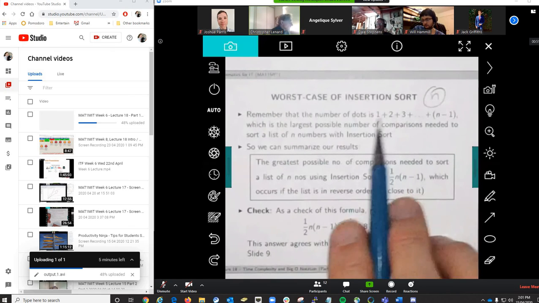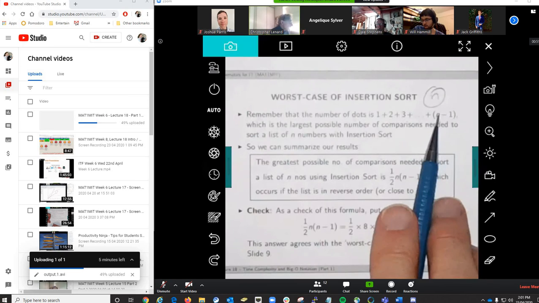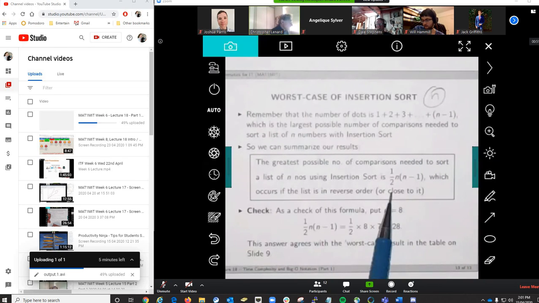The worst case is that you have to do this many comparisons, and adding that up is basically a half n squared minus a half n, which is order n squared.